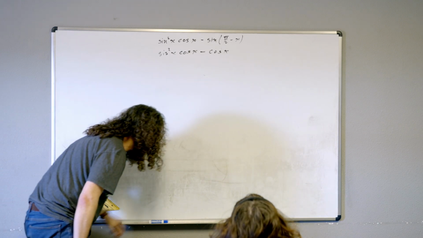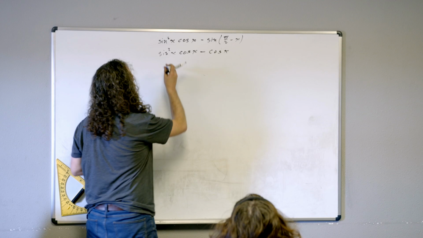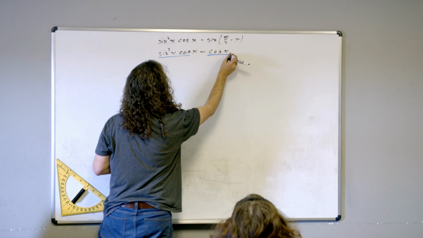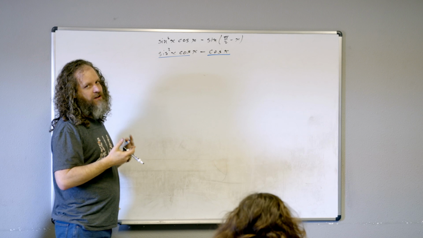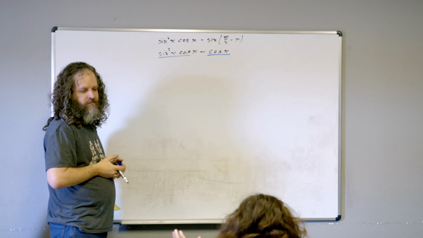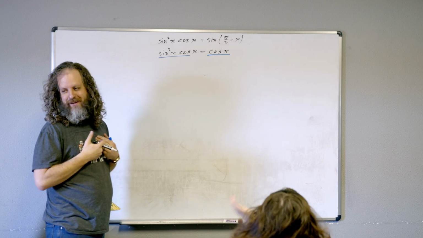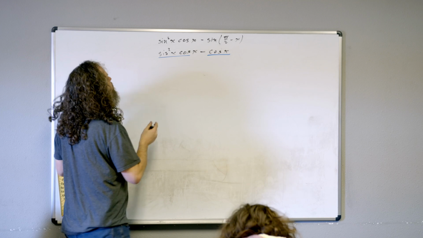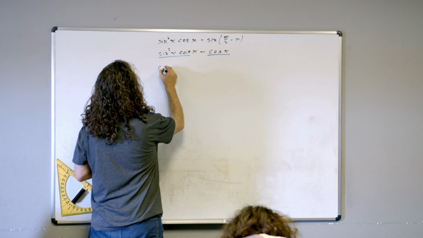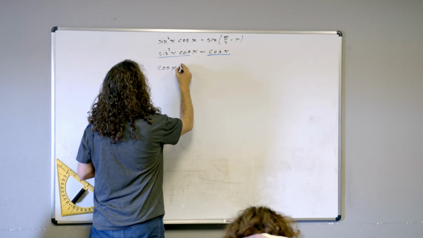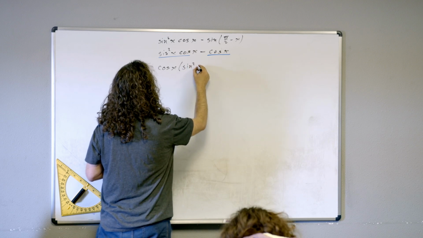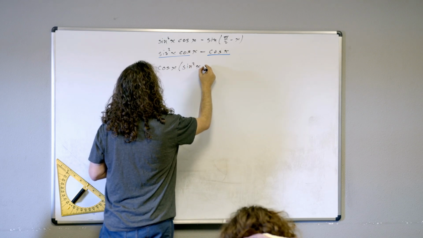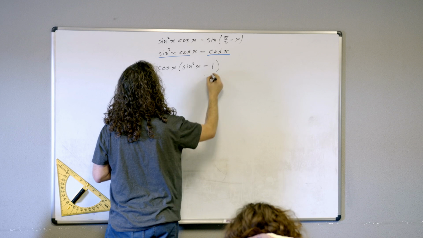If we look at these two terms, do they have anything in common? Cosine. So what can we do with the cosine? Factor it. So cosine of x times sine squared x minus 1.